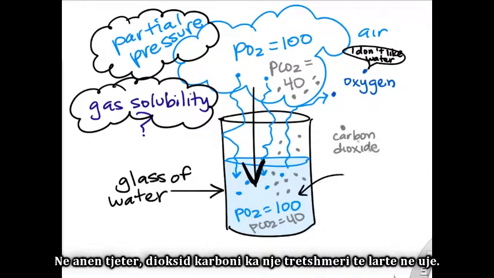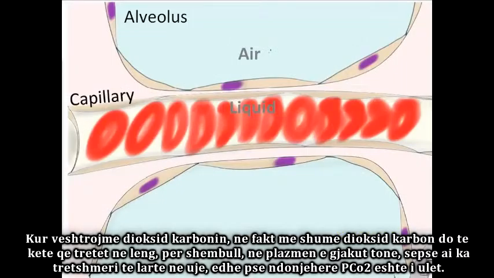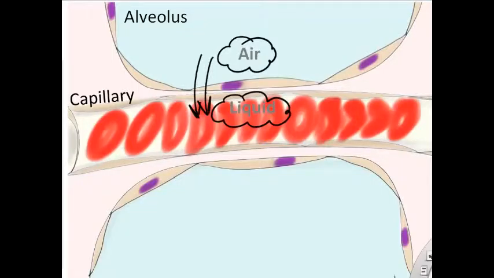Carbon dioxide, on the other hand, has a higher solubility in water. So there'll be actually more carbon dioxide dissolved in the liquid, for example, the plasma of our blood, because it has a higher solubility in water, even though sometimes the PCO2 is lower. And we'll see why that's important later.